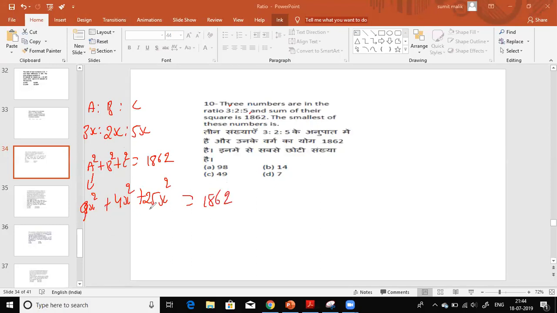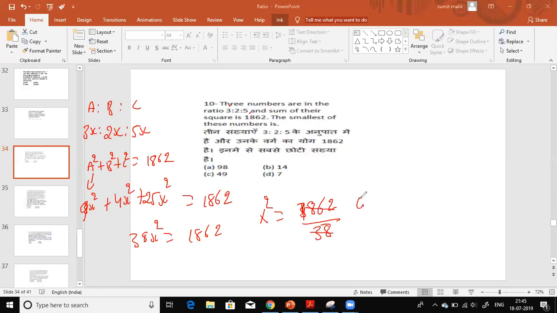So add these. 38x square is equal to 1862. X square is equal to 1862 divided by 38.